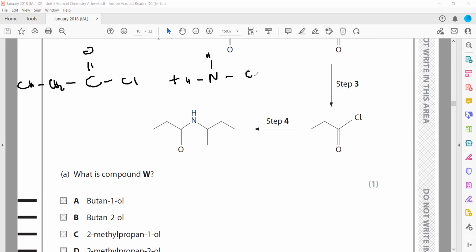One carbon here, then one carbon in the branch, then this is CH, this is CH2, and then CH3. Now, how does the reaction proceed? Partial positive, partial negative. This whole part will take the position of chlorine, and chlorine will come out. So this is the reagent we need to convert the acyl chloride into an amide: NH2, CH, CH3, CH2, CH3.